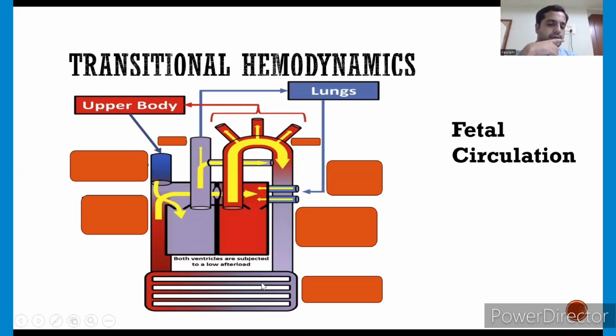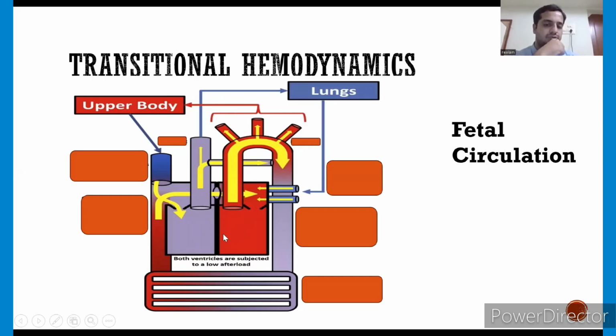तो होता क्या है कि entire blood from the placenta goes through the IVC and enters the right atrium. The blood flow which is coming from the placenta enters the right atrium, and instead of going to the RV, it goes through the PFO to the LA. Okay, and from the LA it goes into the LV.